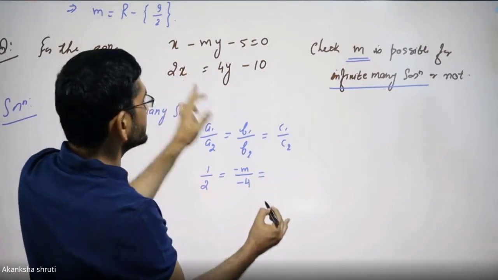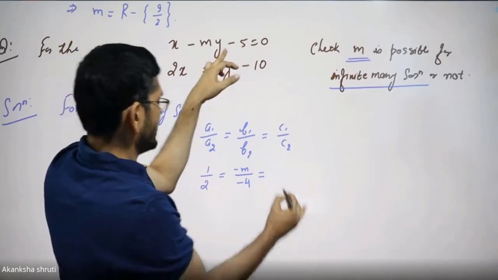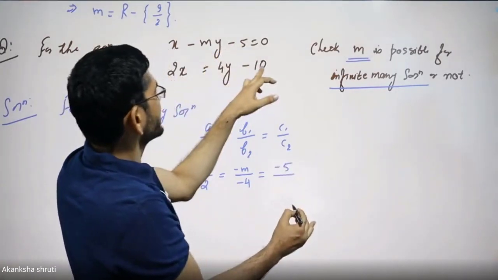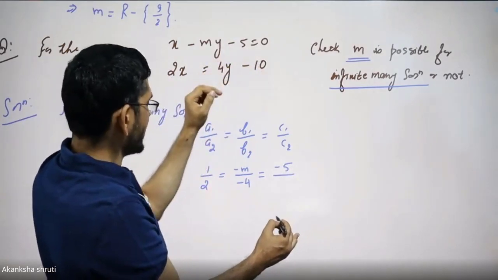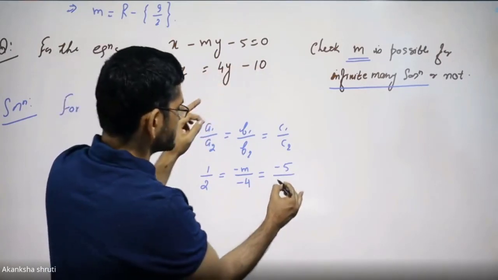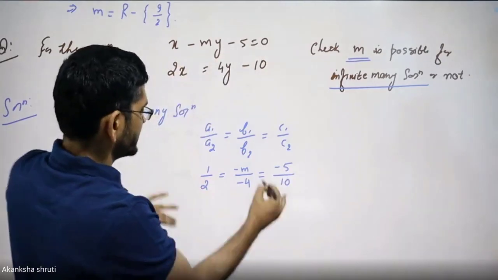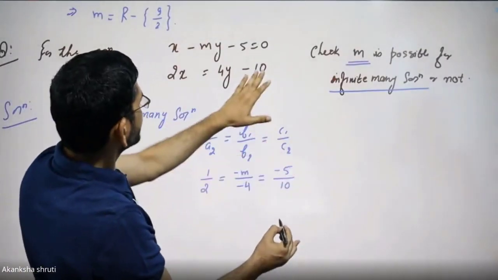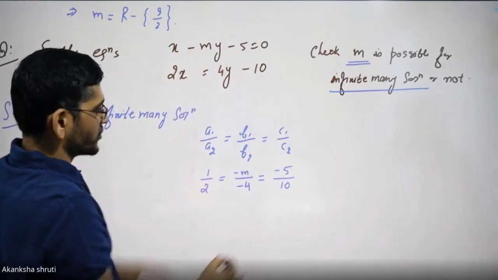And this should be equal to c1 on the left hand side, minus 5. But bringing this 10 to the left hand side, it will turn into plus, so it is plus 10. Okay student, directly by observing you can write it, but be careful: first take the sign as it was when brought to the left hand side.